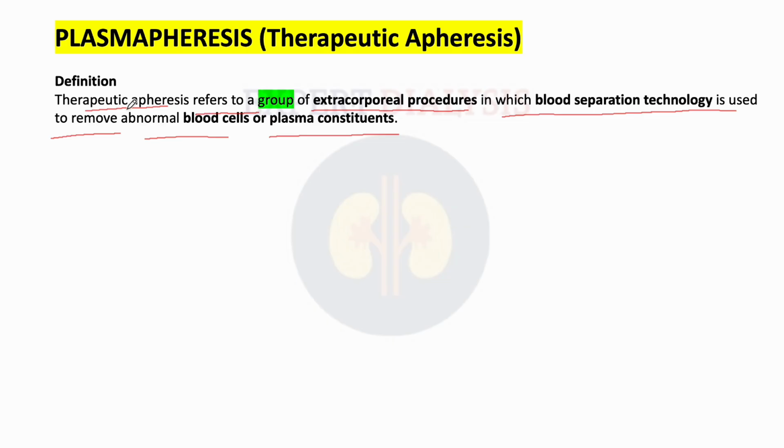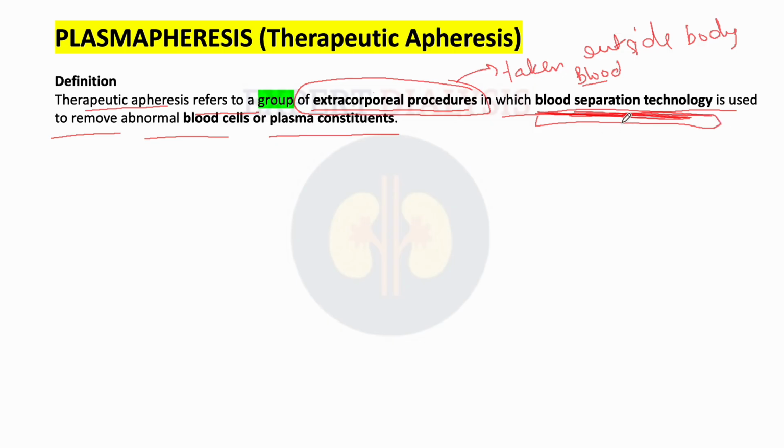Extracorporeal means all these procedures take place outside the body, and the blood is involved outside the body. Now the major objective of this video is to study these blood separation technologies.